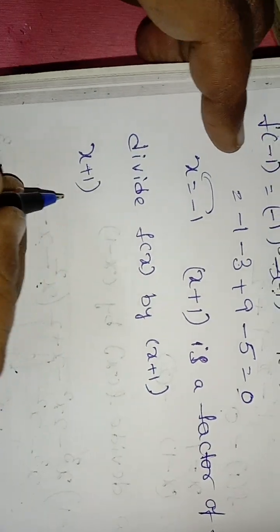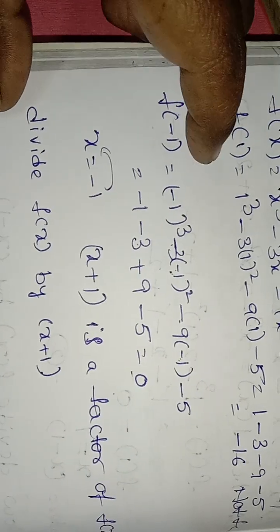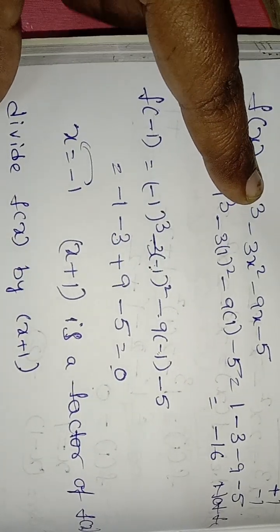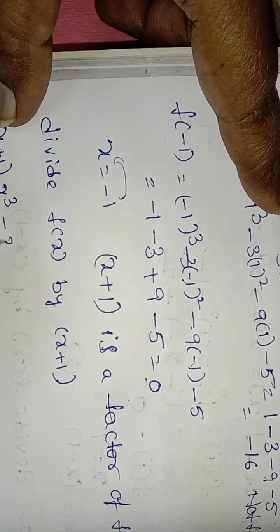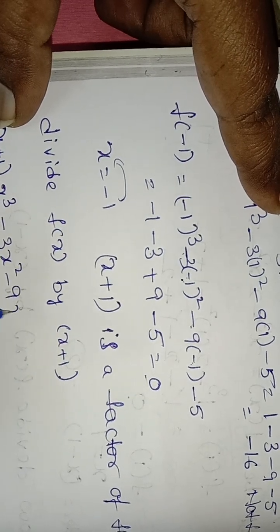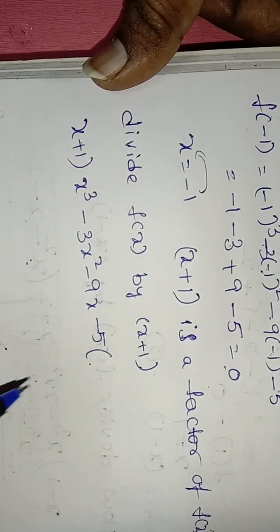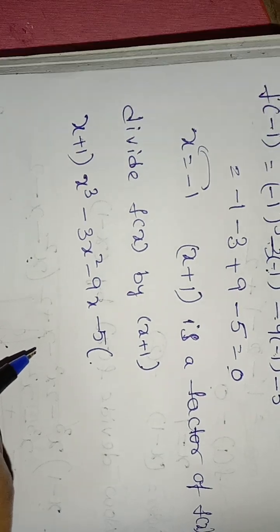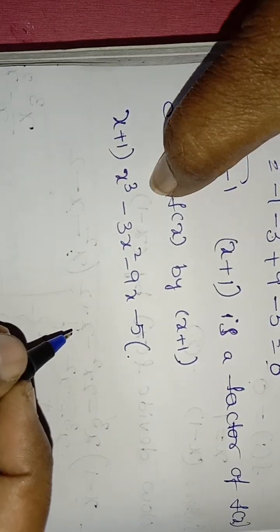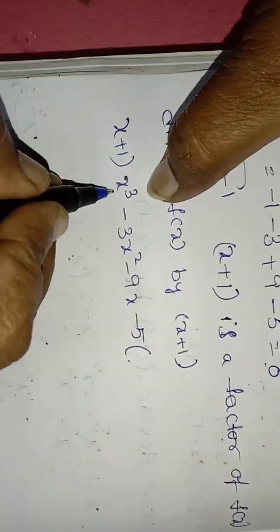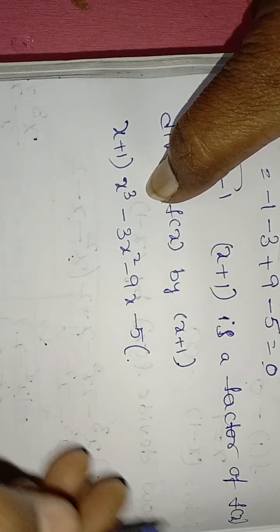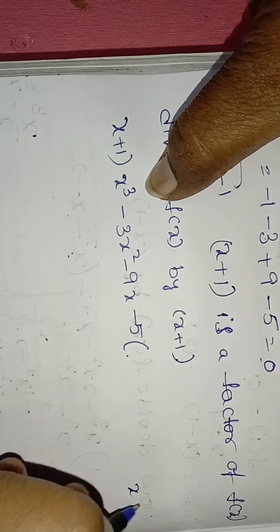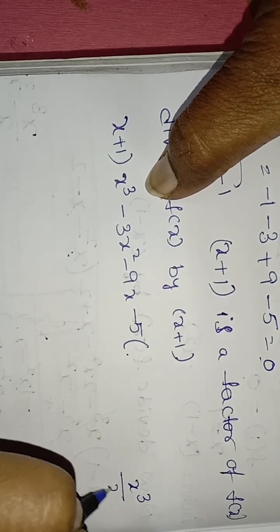So what is my equation? This is my equation: x cube minus 3x square minus 9x minus 5. How to find the quotient? First, from the dividend take the first term, x cube by x.